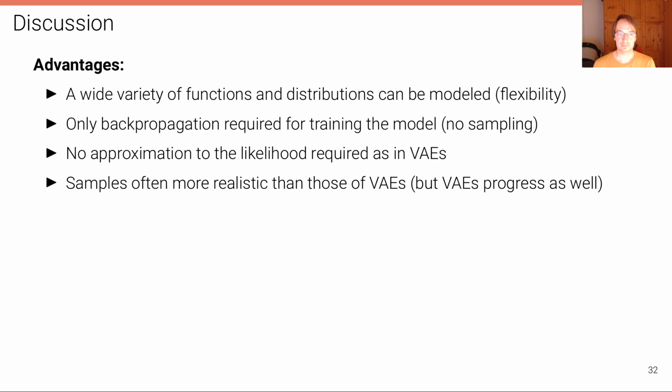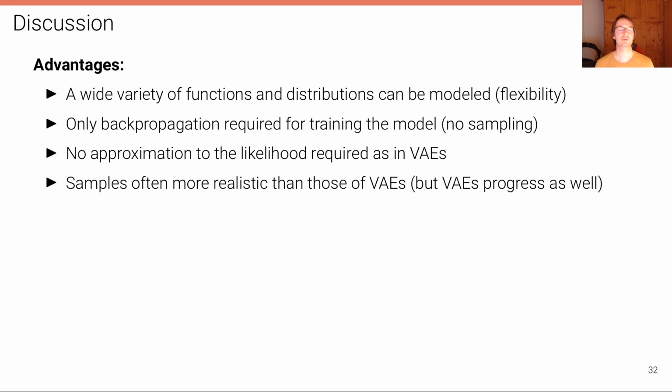So let's close with a little discussion. In particular, let's have a look at the advantages and disadvantages of GANs. One of the primary advantages of GANs is that they can model a wide variety of functions and distributions, so they're very flexible models.